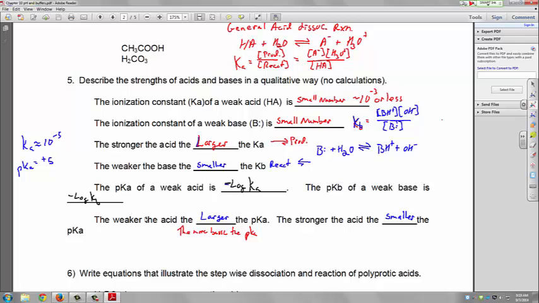Just as a basic pH would be above 7, you could have, say, a pKa of 10. That would mean it's a weaker acid. A stronger acid, the more acidic the pKa. Just as a more acidic pH would have a lower value, say a pH of 2, a stronger acid would have a smaller pKa, like a pKa of 2.